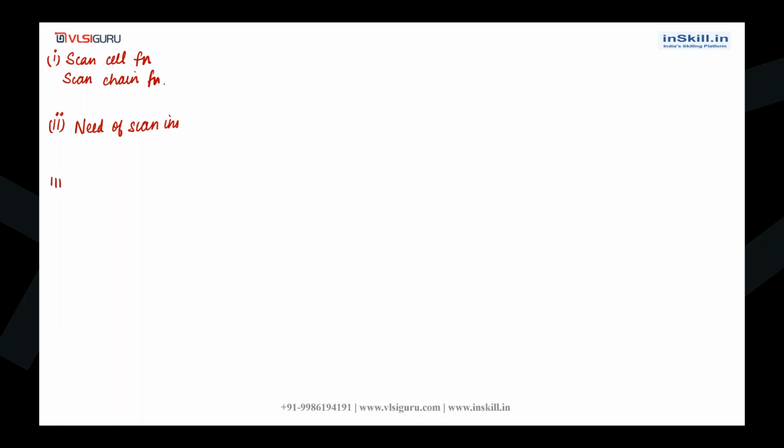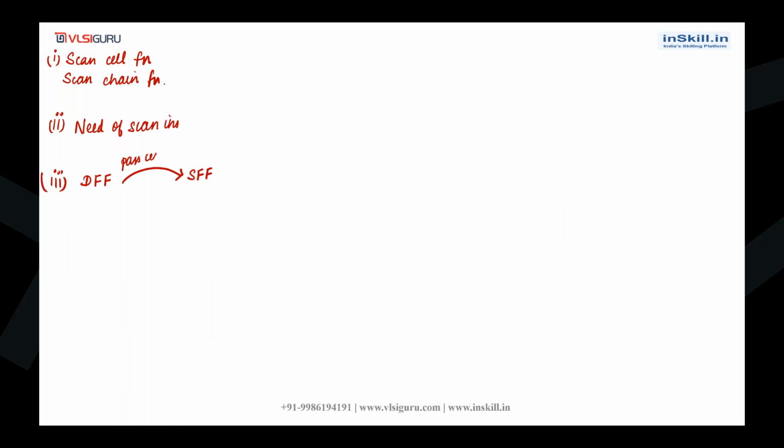And then in scan insertion, what will happen? All the normal flops in the design have to be converted into scan flops. If a normal flop in the design has to be converted to a scan flop, it has to pass certain rules.